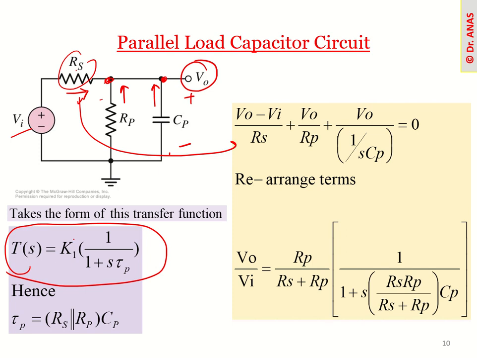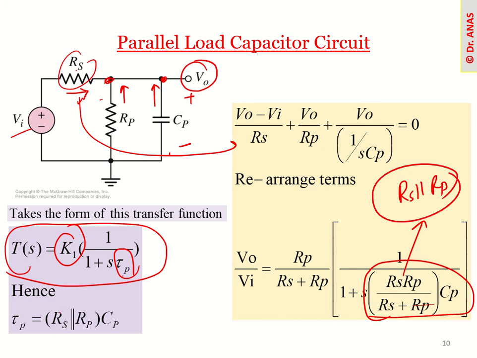Again we have a constant here, and we have a time constant which is basically this thing. This is basically the equation of RS parallel with RP. So here the time constant is this one, and if we want to calculate the 3 dB frequency here, again that will be 1 over 2 pi times the time constant.